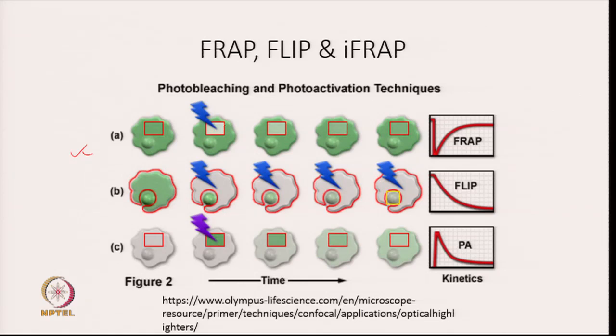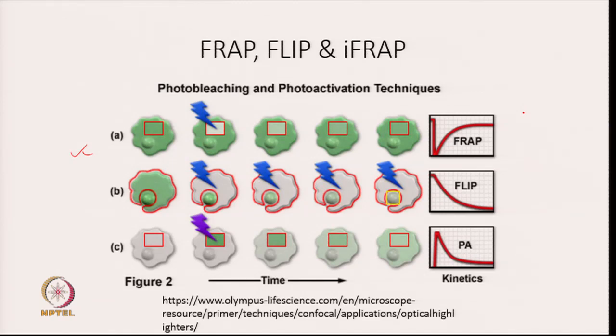It will be totally bleached the first time, and then slowly it will recover, and that is what you are looking at. Initially you will see this green, then I put in the photons and it dips, and then the fluorescence intensity comes back. So, this is one of the techniques, and that is known as FRAP.